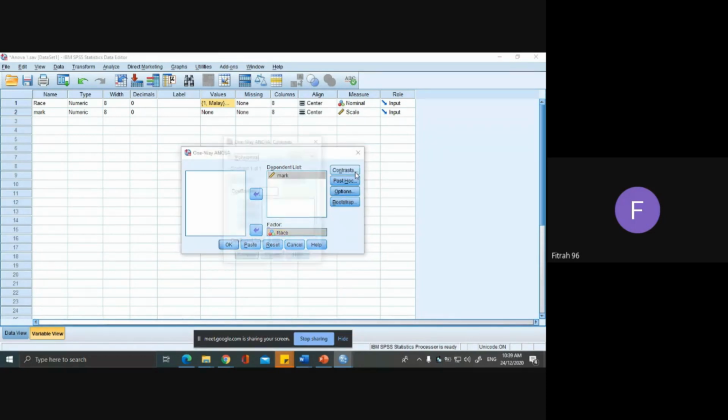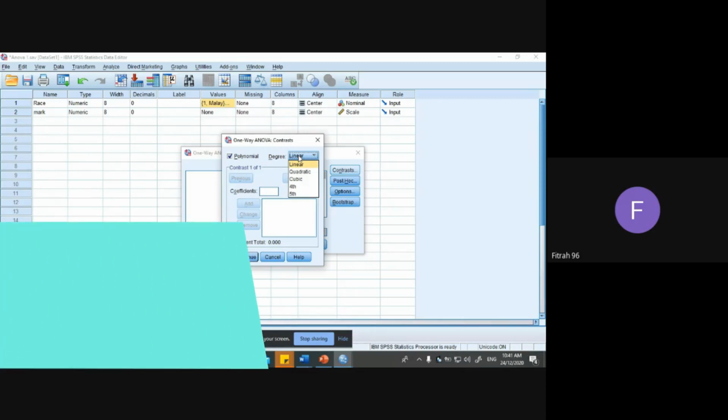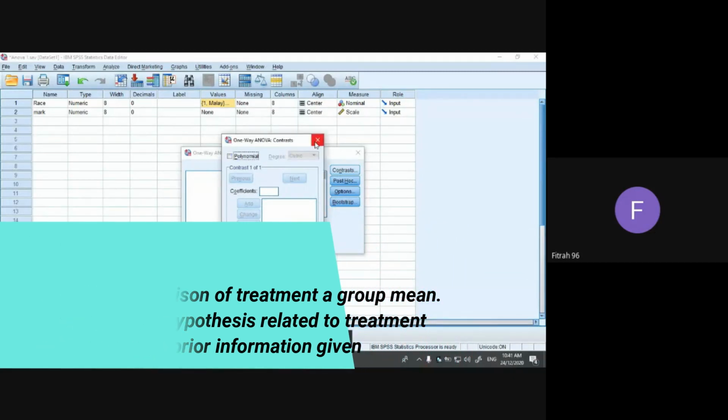So don't touch contrasts. What is this? Contrasts are related to factorial design data. Say we have data sets and we want to find the contrast between the groups, looking at the model's error, in terms of the differences between the populations. There are linear, quadratic, cubic, but you don't need to learn this.